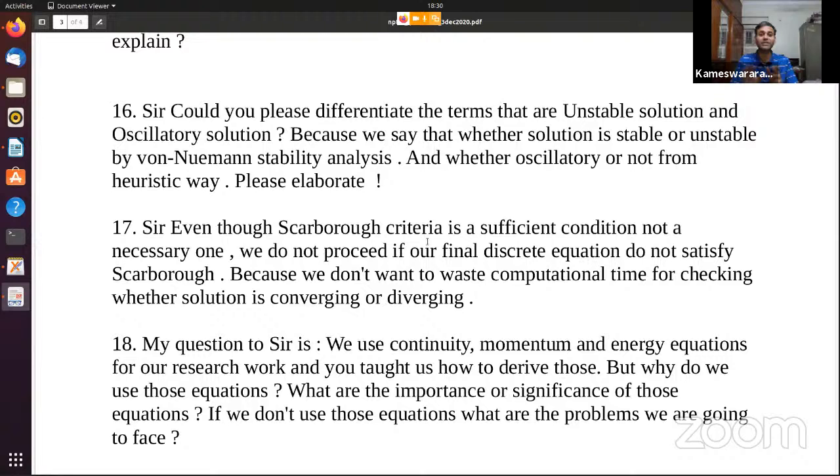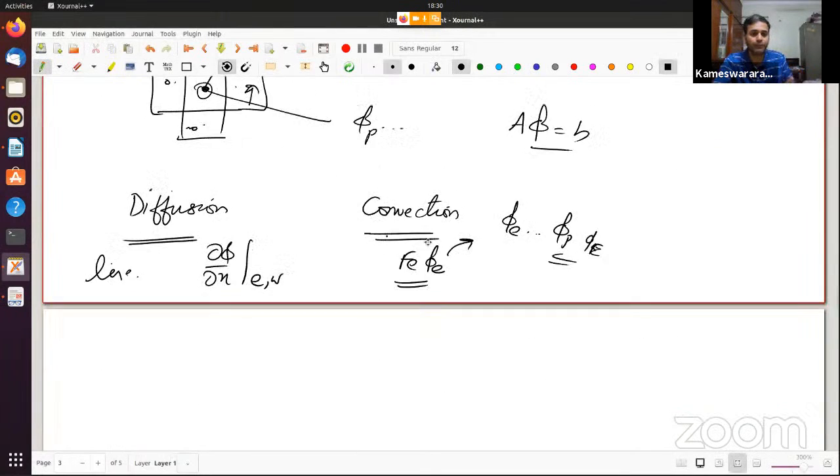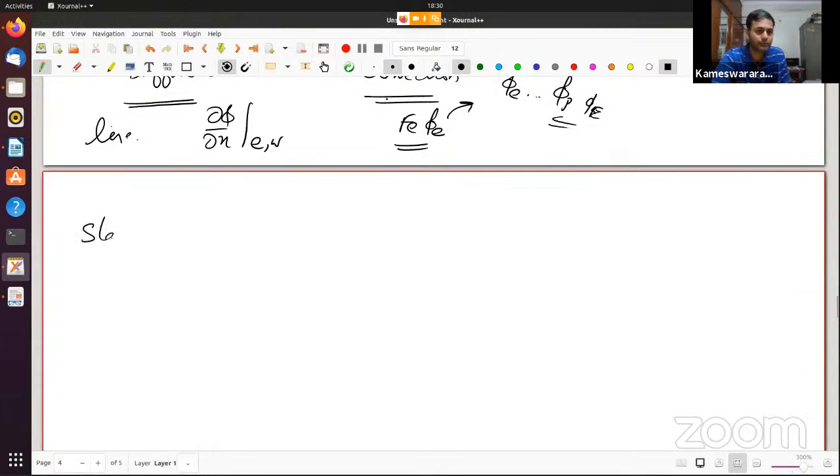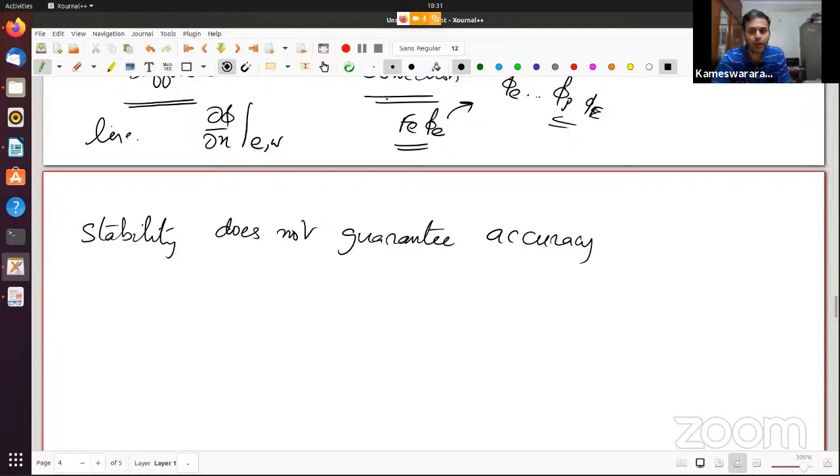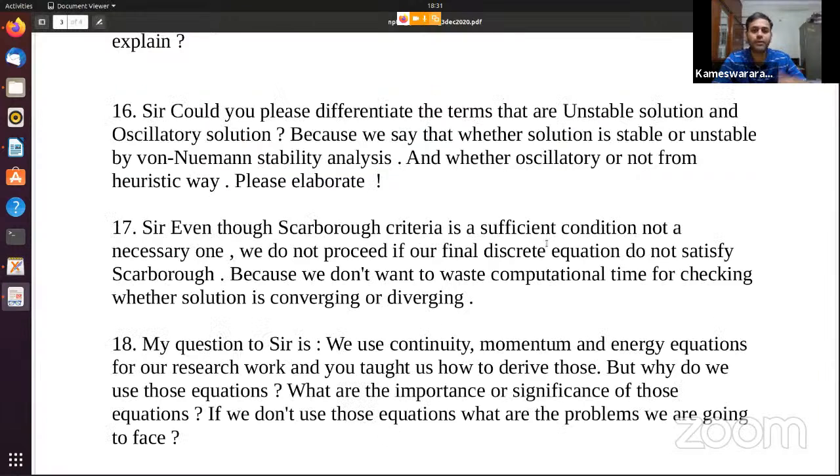It will only be a stable solution. So that is what we need to keep in mind. Stability does not guarantee accuracy. For accuracy, you need to look at smaller and smaller meshes and see.